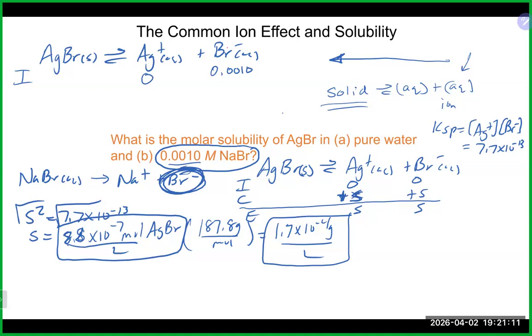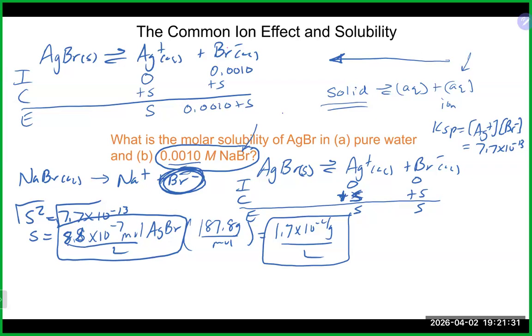That is coming from our sodium bromide in the solution with it. The rest of the table will be the same, plus S and plus S. And this is going to give us S here and 0.001 plus S.